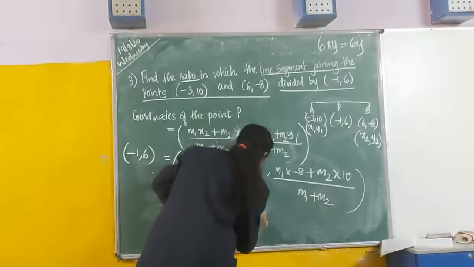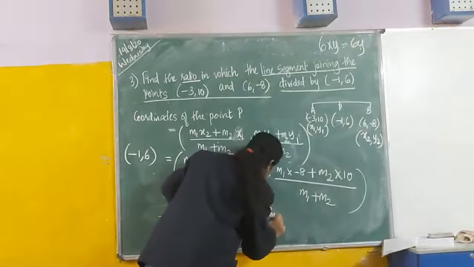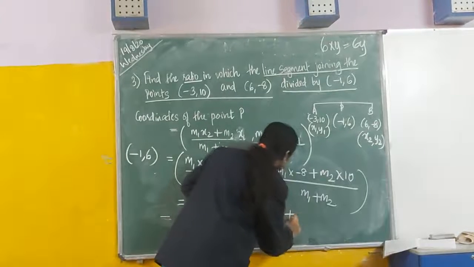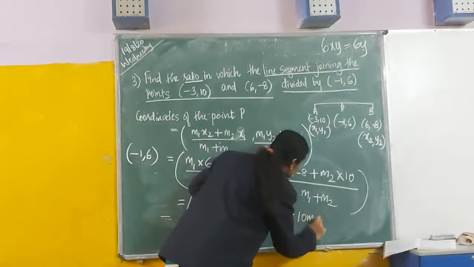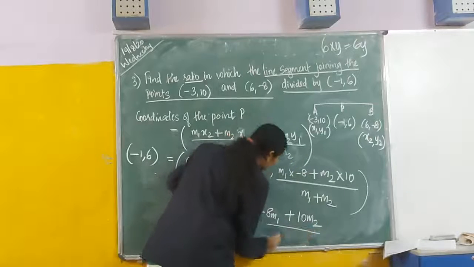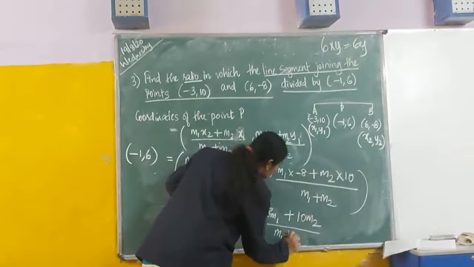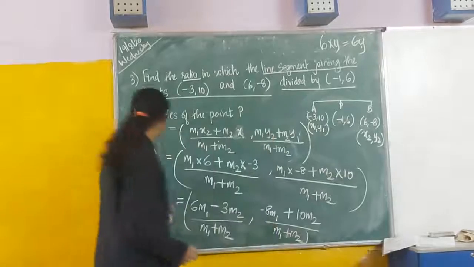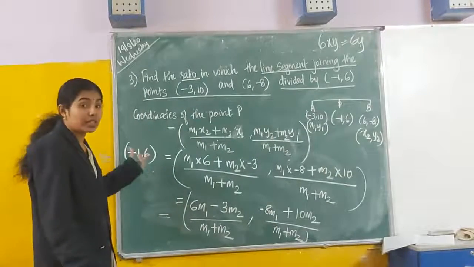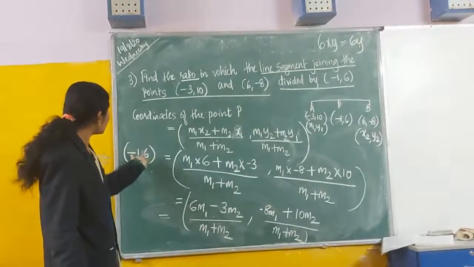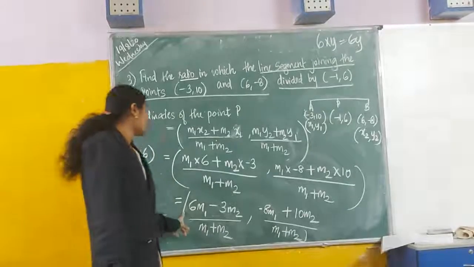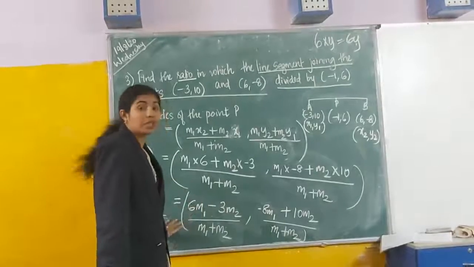That is minus 8m1 plus 10m2 divided by m1 plus m2. Now you see the left hand side of the equation is minus 1, 6. Right hand side you will get these coordinates.